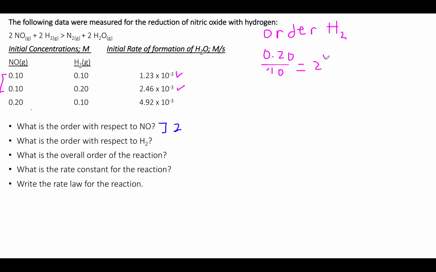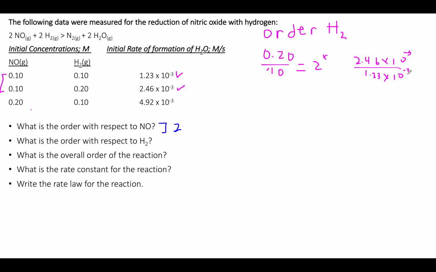But the rate is different, so I need to see how the rate's going to change. So I'm going to take that 2.46 times 10 to the negative third over 1.23 times 10 to the negative third, and I'm going to do that division.